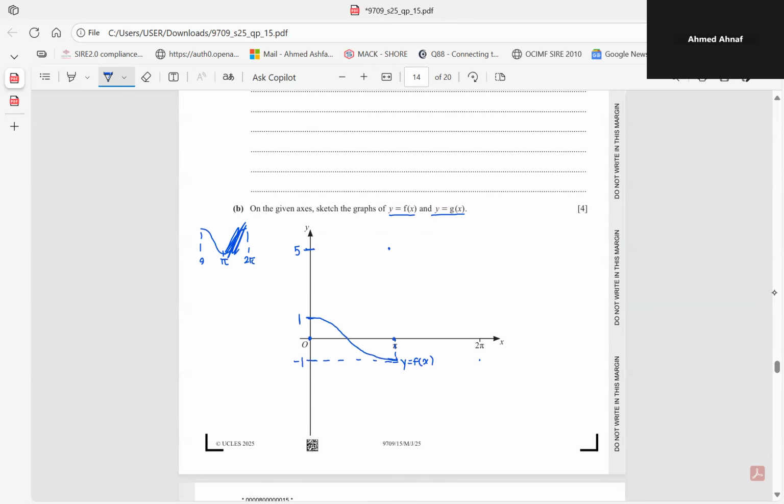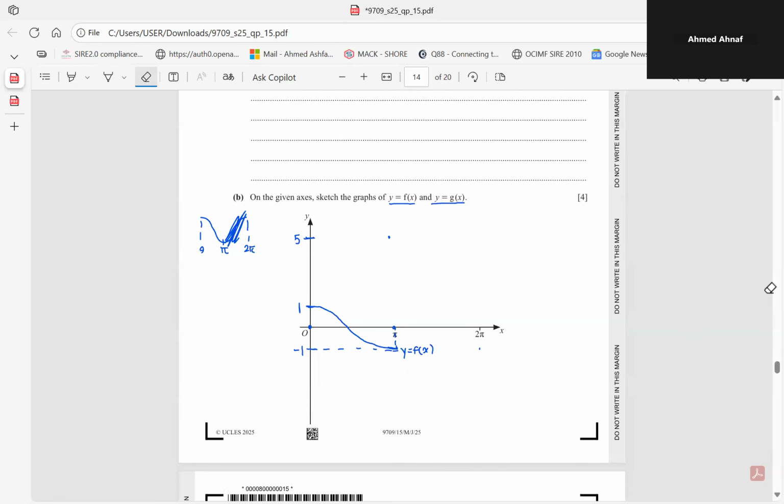And the middle point, which is where it kind of shifts. For cosine x, the middle point would be the x-axis. So for this, it'll just be the midpoint. So that's just 2. Sorry. And write 2 in here. Also draw a dashed line.